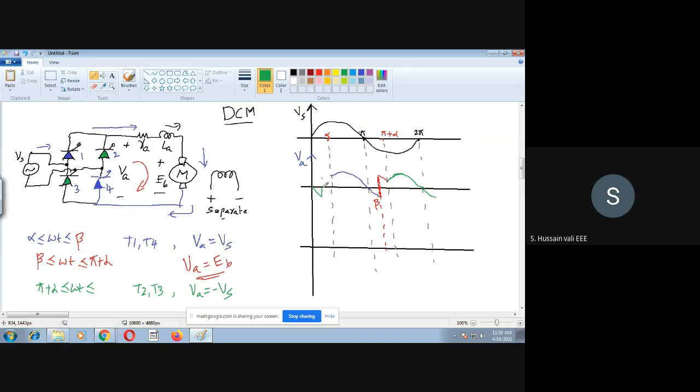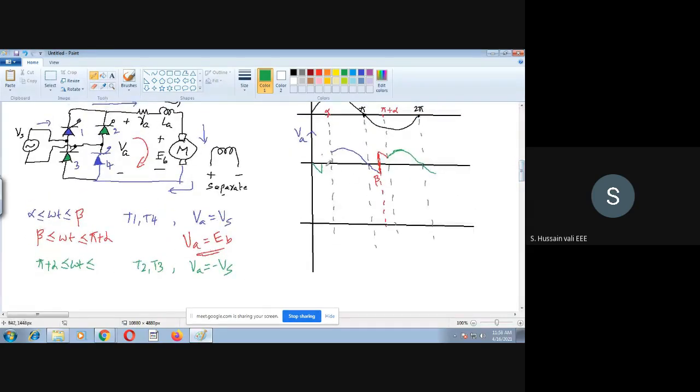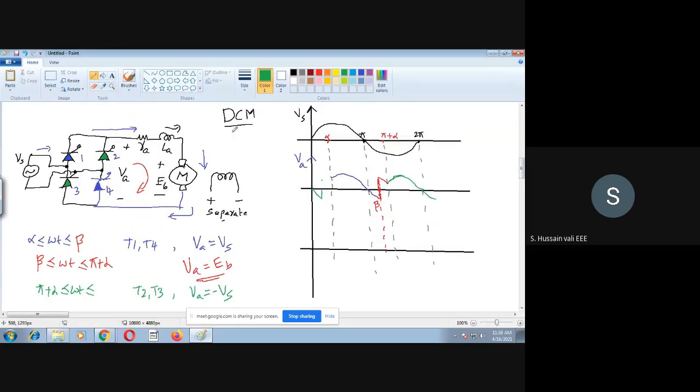Once again at this instant, the energy in the inductor will become 0, so all the thyristors will be turned off. Then the output voltage follows the back EMF, and the cycle will continue.